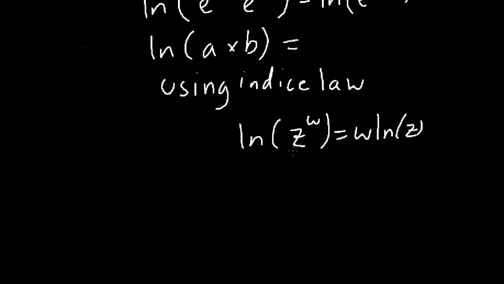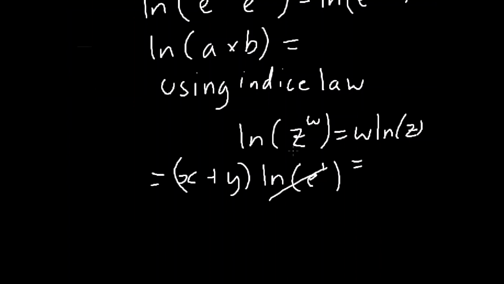So let's apply that. What we can say now is that x plus y is now all multiplied by ln e to the power of 1, and this is just equal to 1. So we can say ln of ab is equal to x plus y.